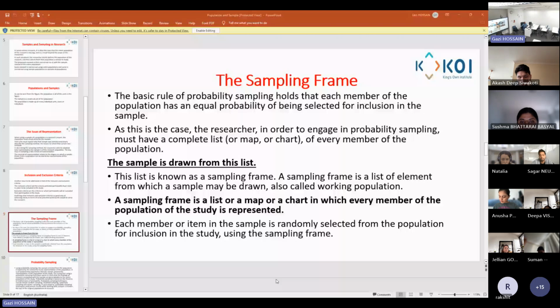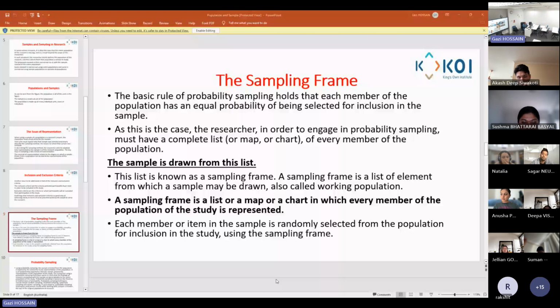When there are not equal chances to be selected as a sample, it is non-probability. But when there is, then it is probability.